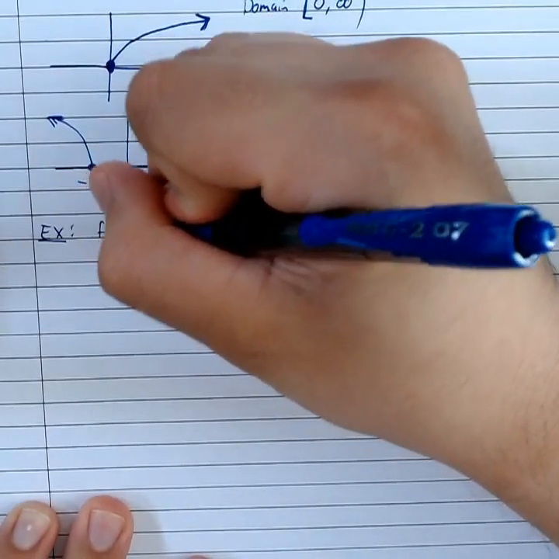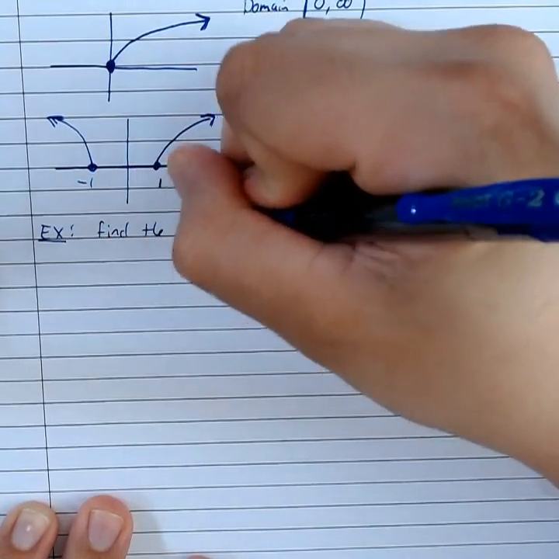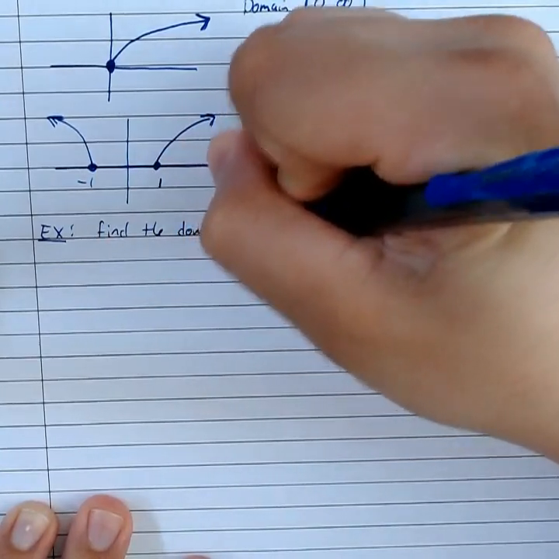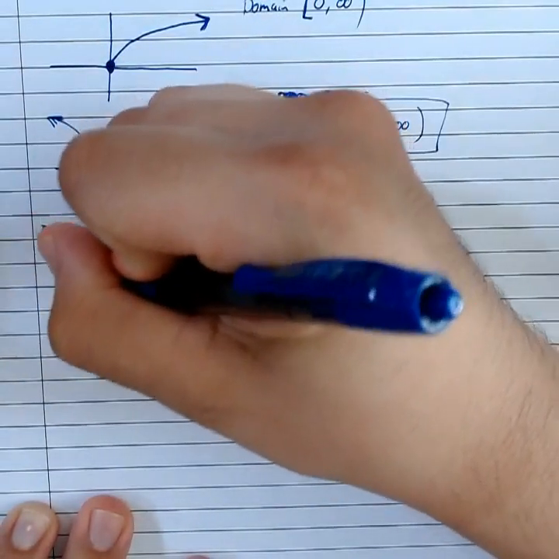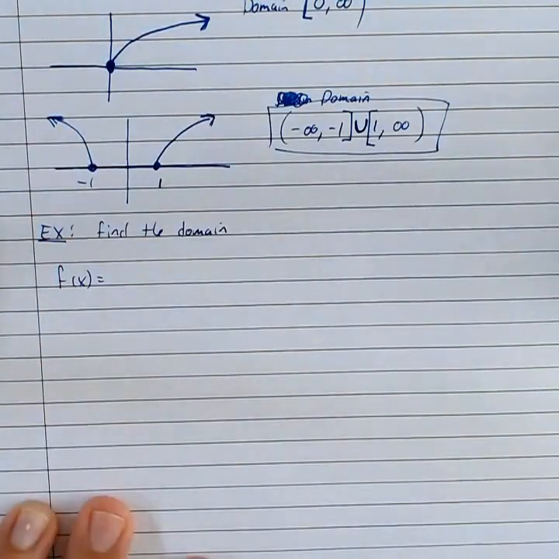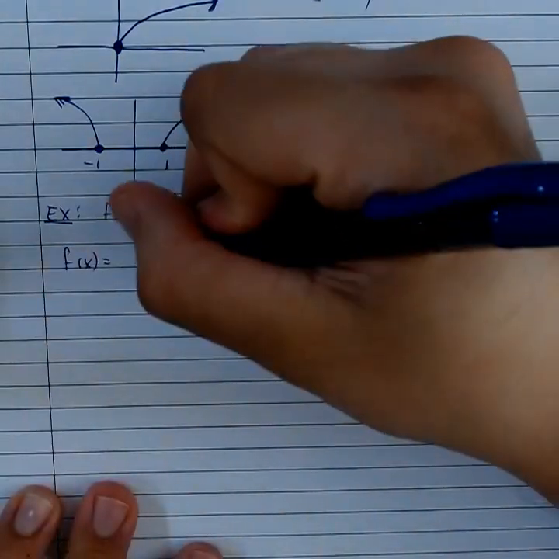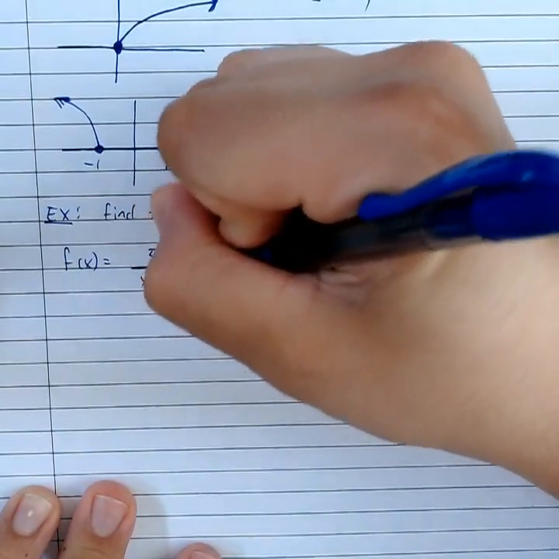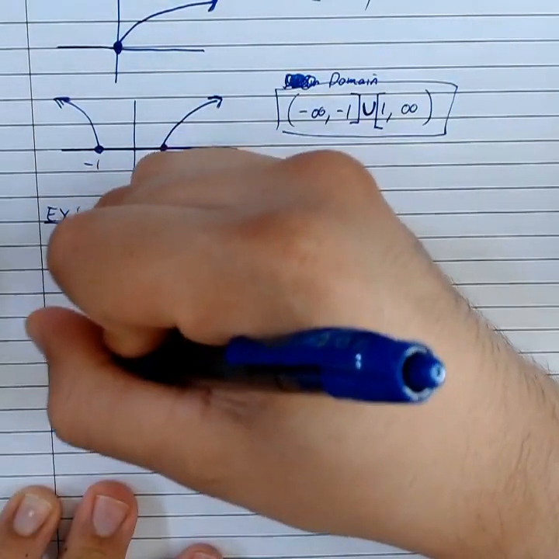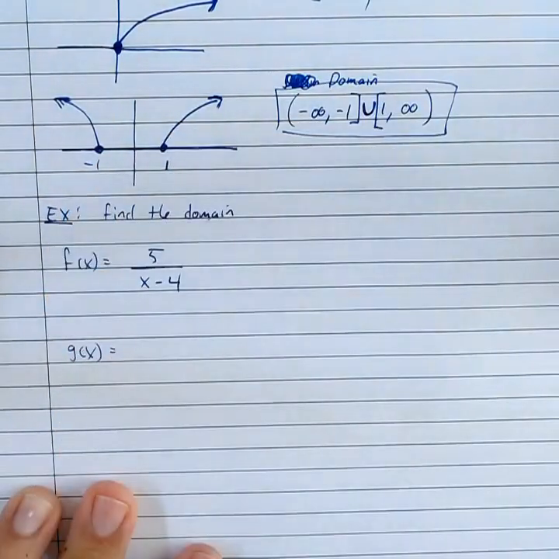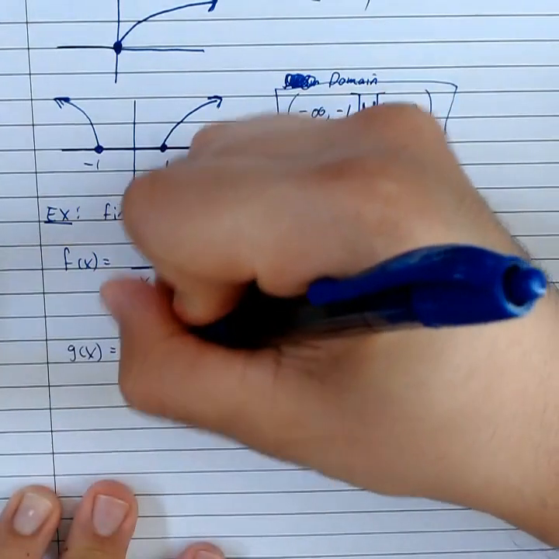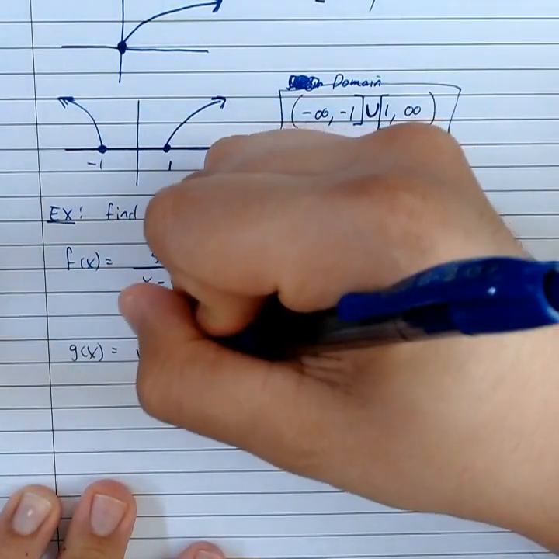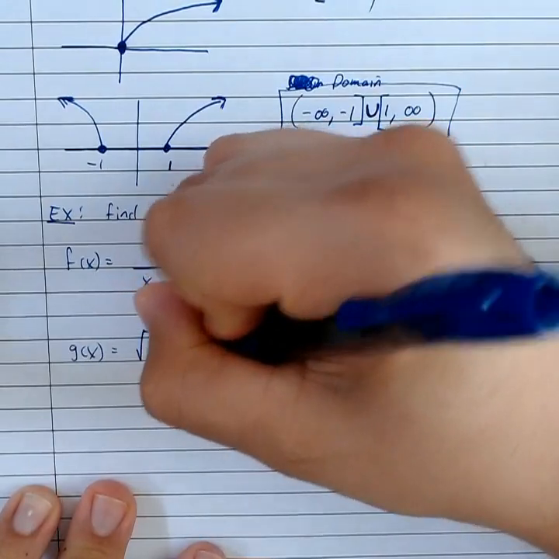Let's go ahead and find the domains of the following functions. So f of x is going to equal 5 over x minus 4. Let's say g of x is going to equal the square root of, let's say, 2 minus x.